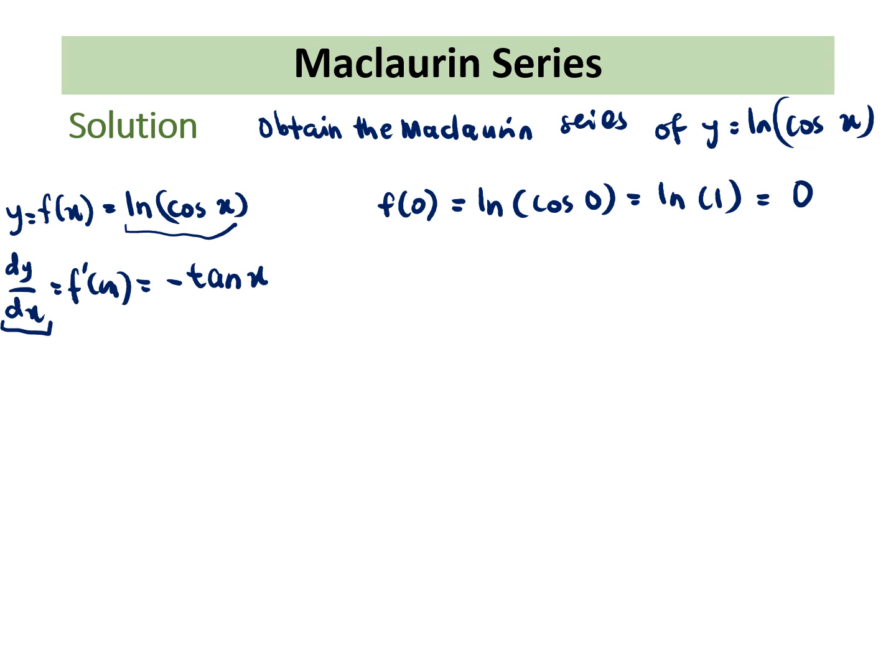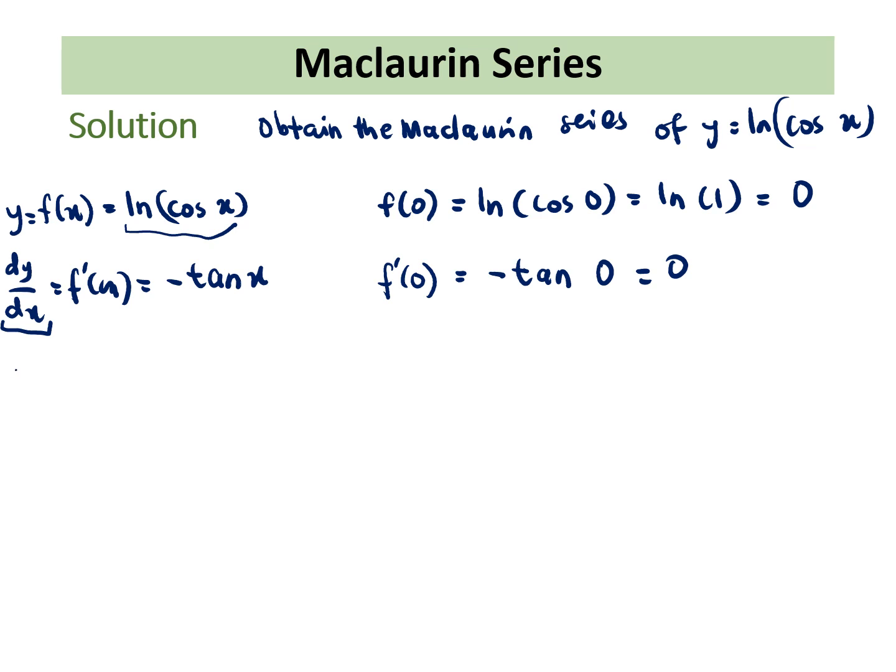So we just take the dy/dx, and our next step is to substitute x equals 0 into the first derivative. Negative tangent 0 equals 0.